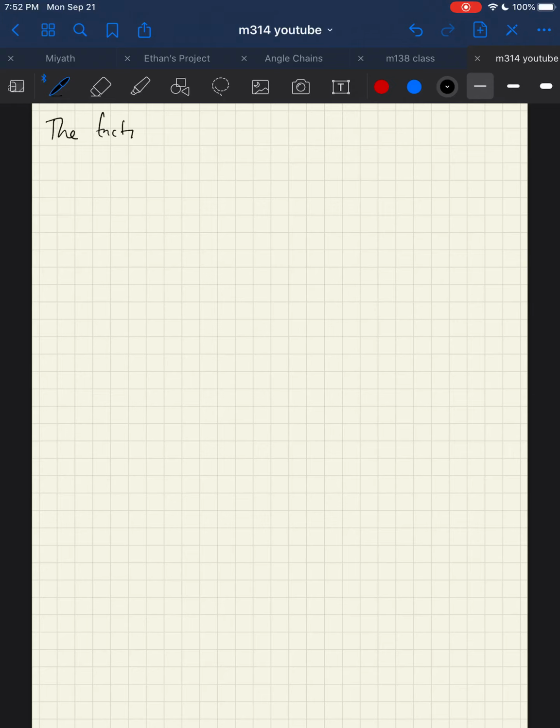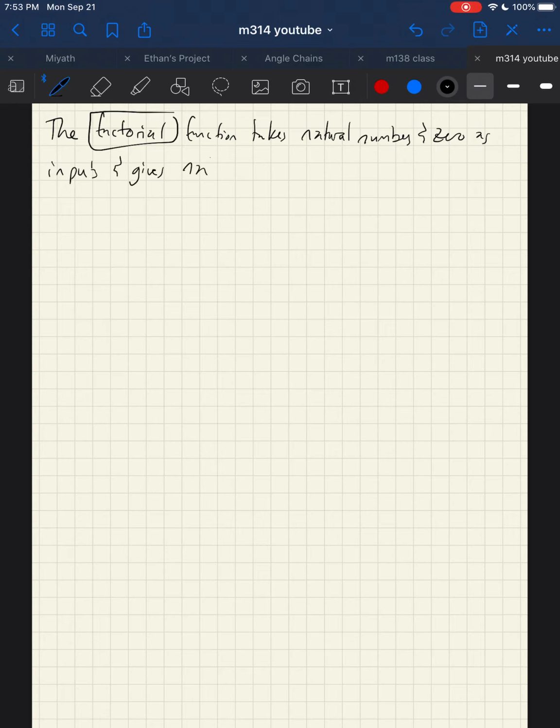So the factorial function takes natural numbers and 0 as inputs. You could also say the whole numbers.